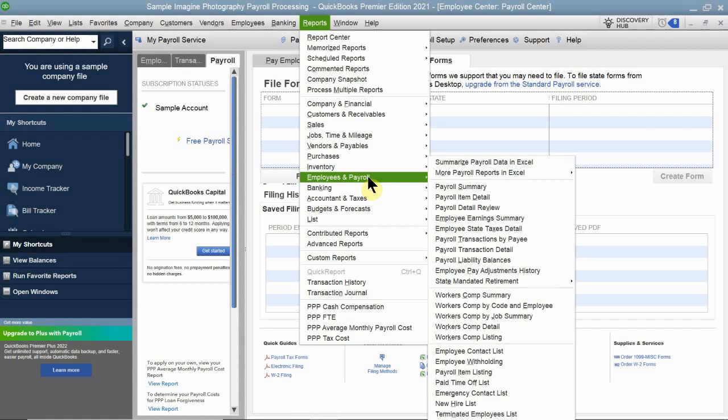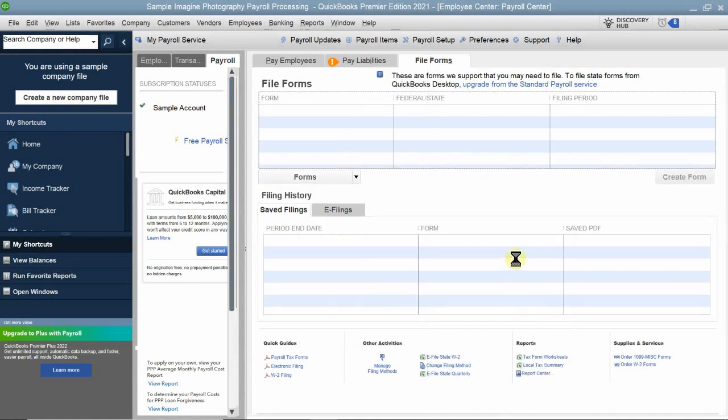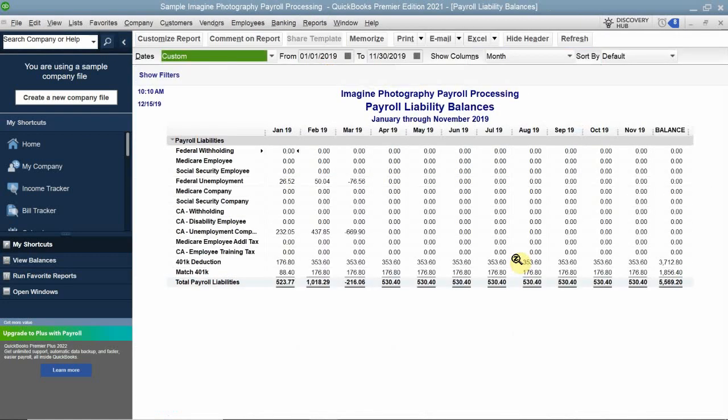So for example, I can take a look at how much money I owe per month and every payment I've made. In this case, I had a total of 500, 500, 500, 500, 500, et cetera. You can use this information for making sure that you make your payments on time, but making sure that this information is accurate because this is what you're going to be using to help you file your 940 and 941s. Okay?